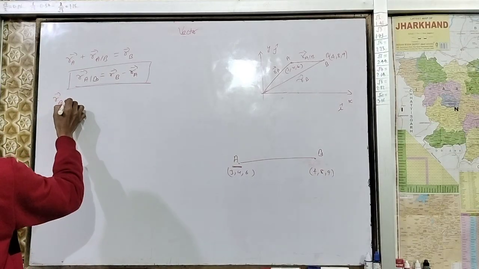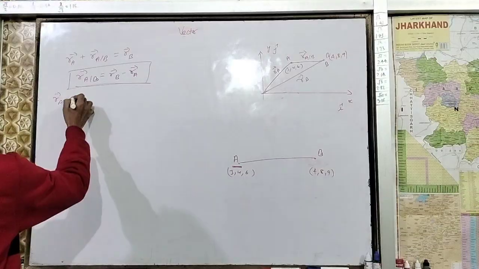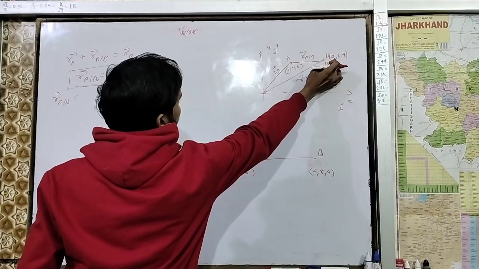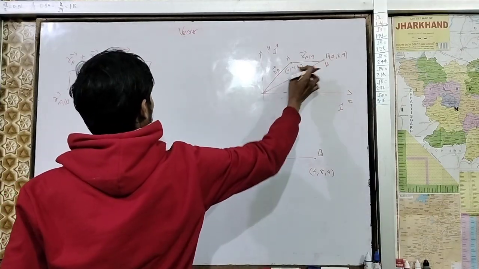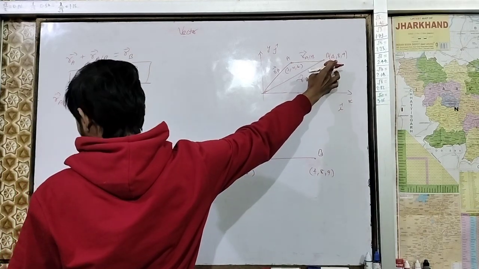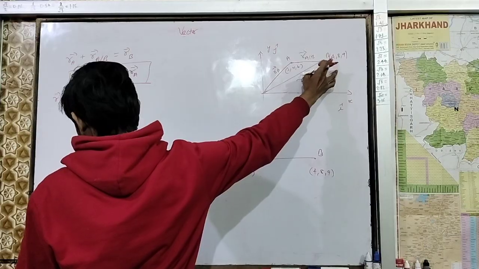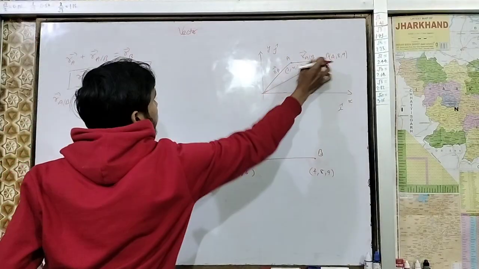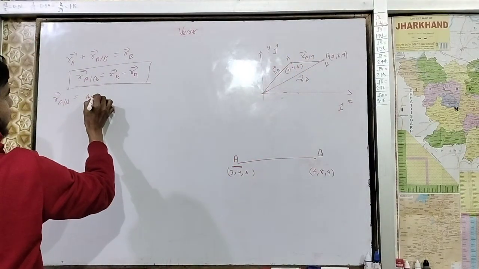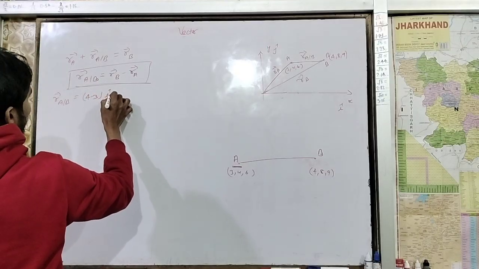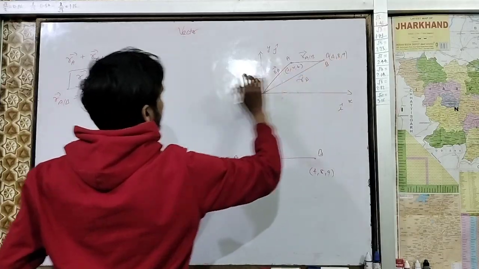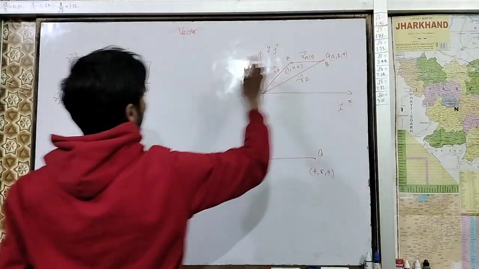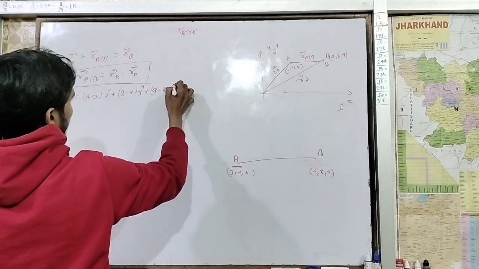So position vector of A according to B: 4 minus 3, that is x2 minus x1, so (4 minus 3) i cap plus y2 minus y1, (8 minus 4) j cap, plus (9 minus 6) k cap.